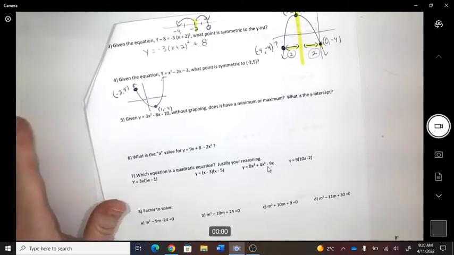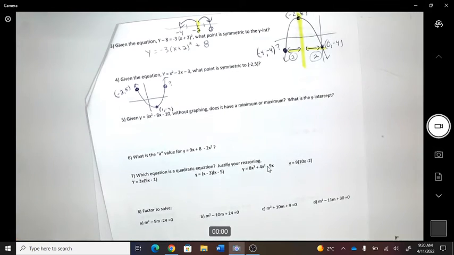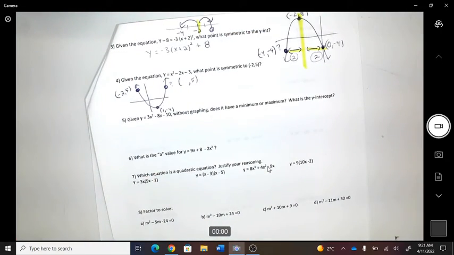So if I want to get the symmetric point, what is that coordinate? Okay, so I already know it will have a y value of 5.